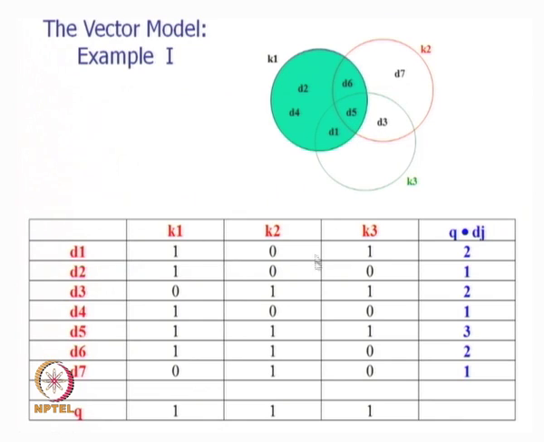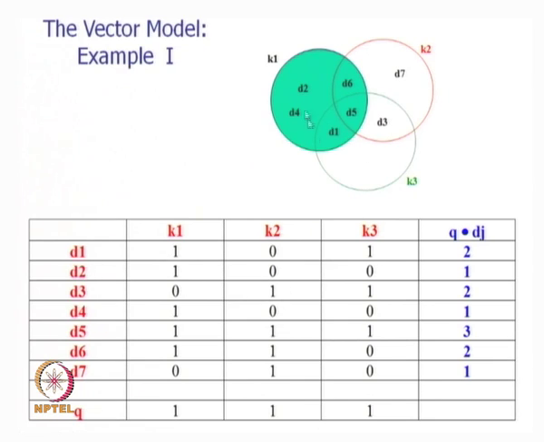A table represents this fact. Document D1 is represented as 1, 0 and 1. We are giving a Boolean representation for the documents. So, K1 is present, K2 is absent, K3 is present in document D1. This is the case. D1 you see is in the intersection of K1 and K3.